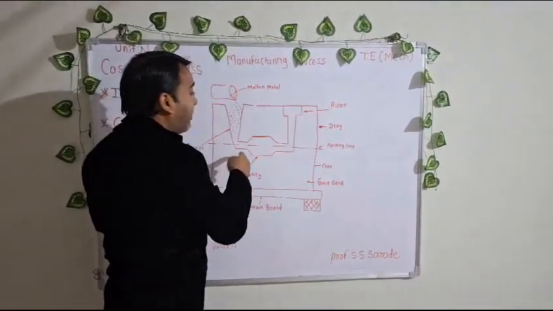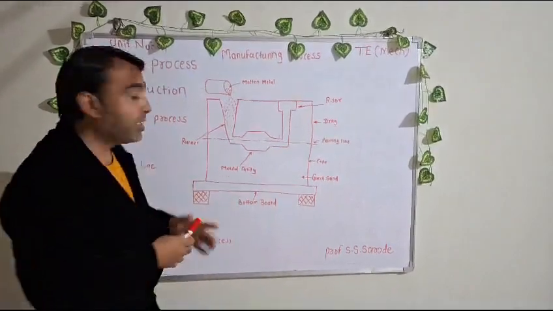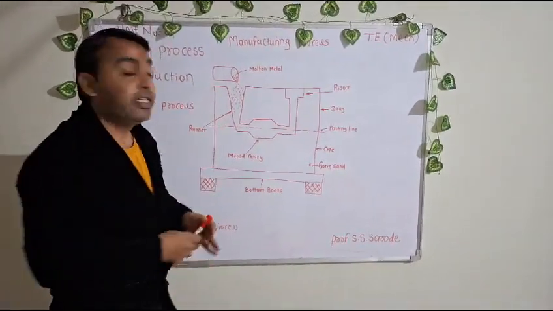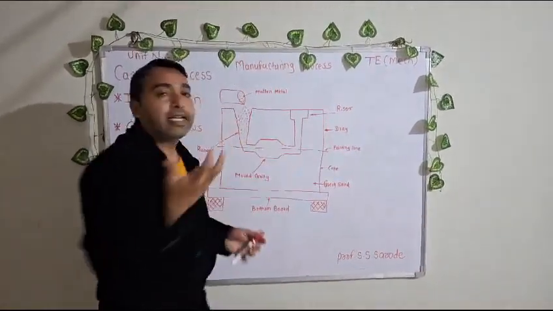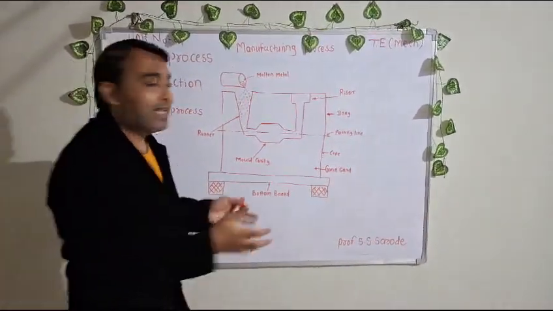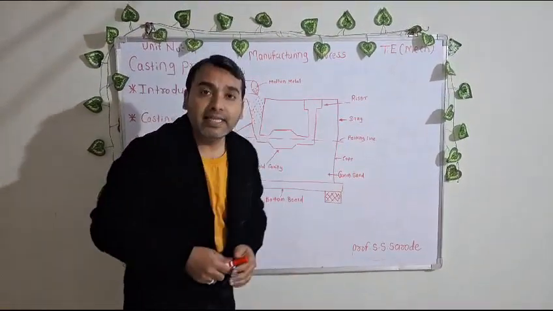Now the molten metal, having a high temperature, reacts with the casting sand, and due to this gases are produced. That gas is removed through the port called the riser.